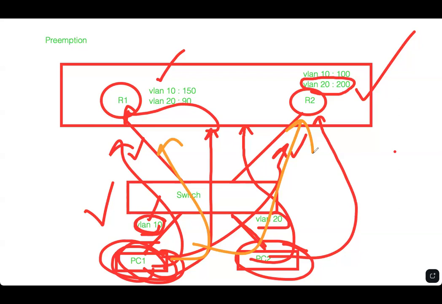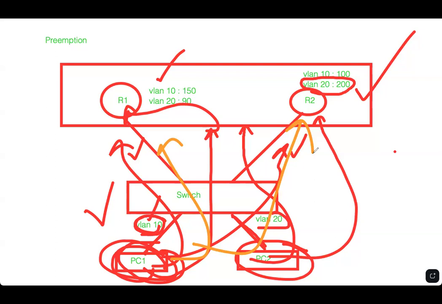So what if both the priorities are the same, like both are equal? Then how does it decide? You mean the priorities? Yes, sir. If both the priorities are the same, in spanning tree, what happens if both the priorities are the same? We'll see the least MAC address. Yes, in spanning tree we choose the lowest MAC address.